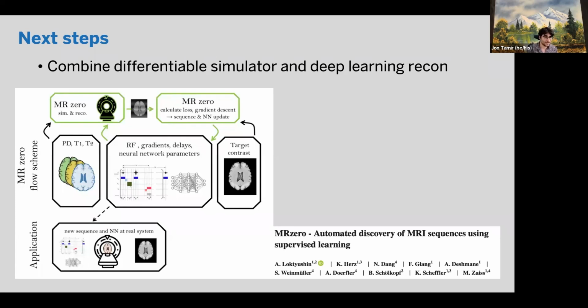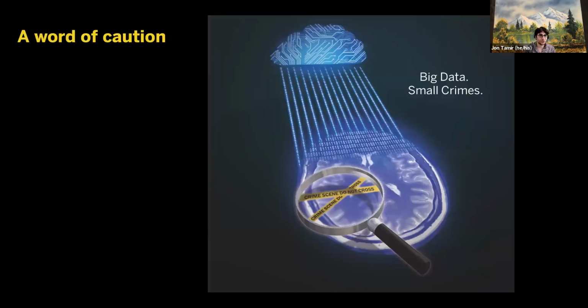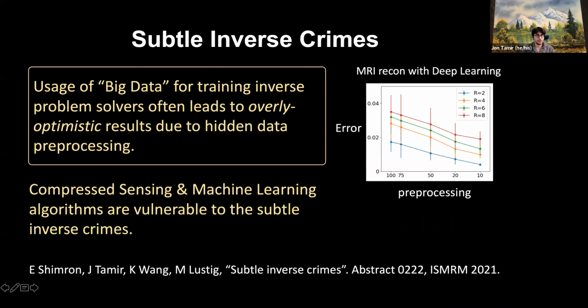Okay, so I'll start wrapping up, maybe a little bit early, but I just want to say a word of caution. If we zoom in on this really nice image reconstruction, we might see something that we're not quite expecting. And as we move to the era of big data, we need to be cognizant of small crimes. In particular, when we're working with MR, we need to concern ourselves with subtle inverse crimes, where the use of all of these big data training sets to solve inverse problems can often lead to overly optimistic results because we're not necessarily exposed to all of the pre-processing that these data sets have gone through.